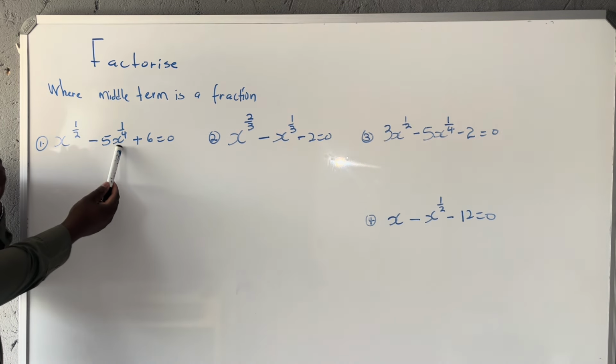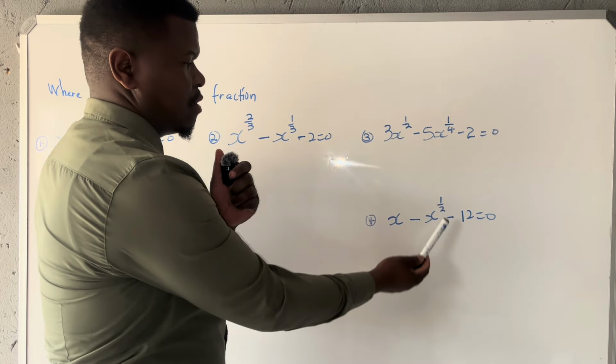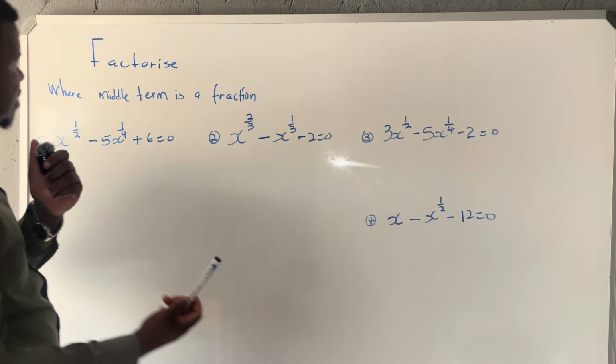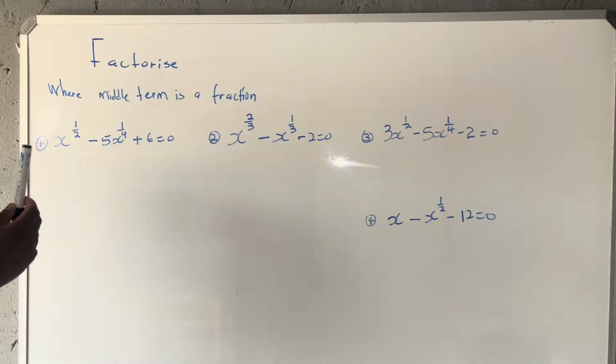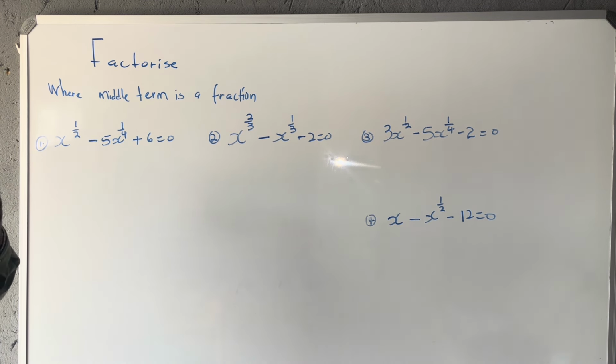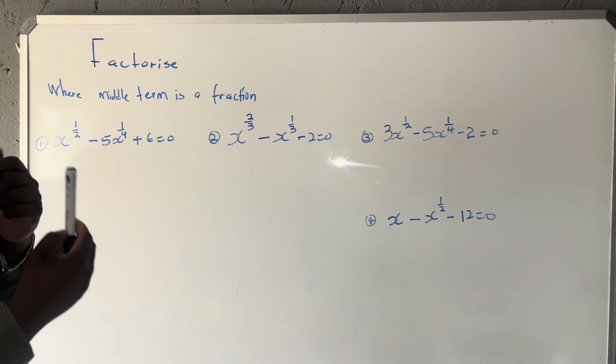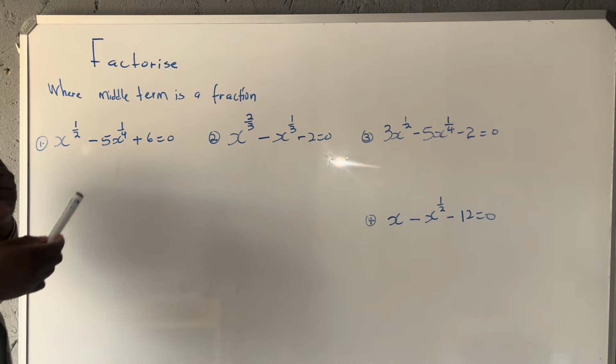If you check, the middle term here is 1 over 4, another middle term 1 over 3, 1 over 4, 1 over 2. The leading term is still x squared, like we are used to having, especially talking about quadratics. But now we are having something different. And in most cases, this is where we apply the K method.